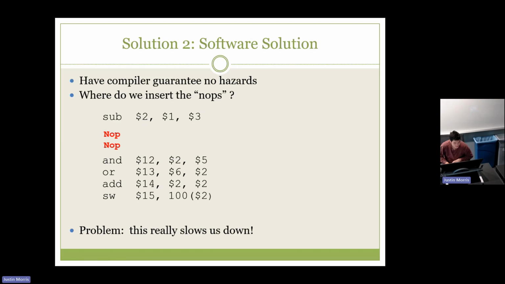So both of these solutions slow us down, right? Just say that 20% of our instructions have dependencies. And that's pretty generous. I mean, usually sequential code, right? We're doing things one thing after another. They're going to be dependent on each other. Then 20% of our program is now having a CPI of essentially 3 rather than 1.